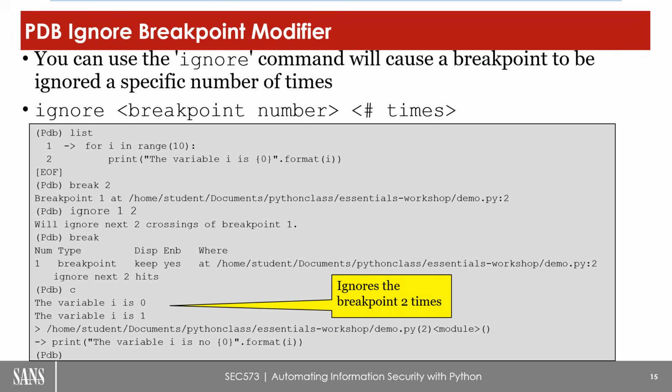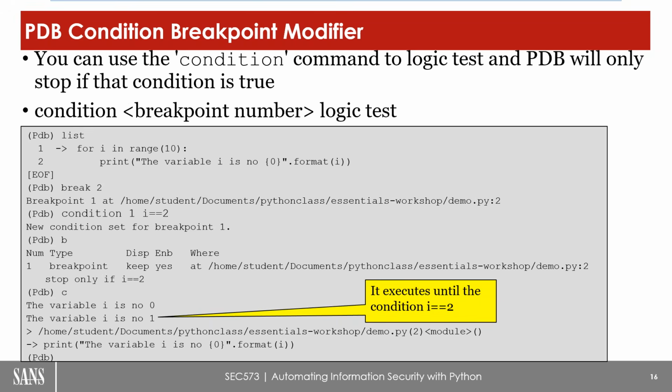I could accomplish that same thing by setting a condition on a breakpoint. So using the keyword condition, you can tell PDB when you want it to stop and only have it stop when certain variables contain certain values. So for example, here I said break on line 2, which creates a breakpoint on line 2, this print statement.